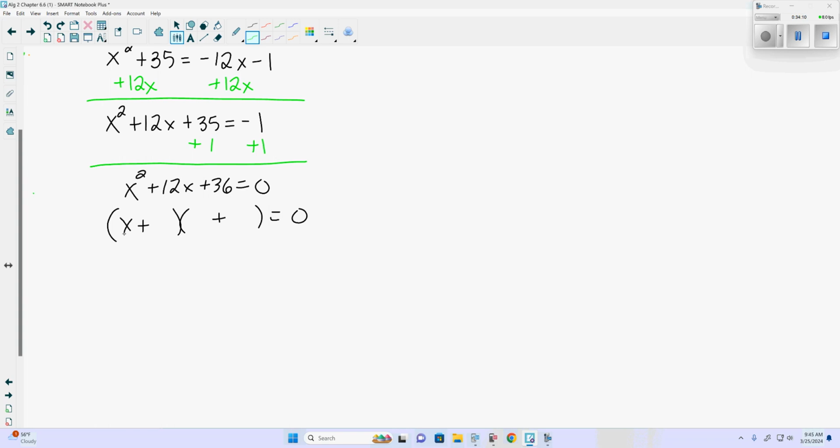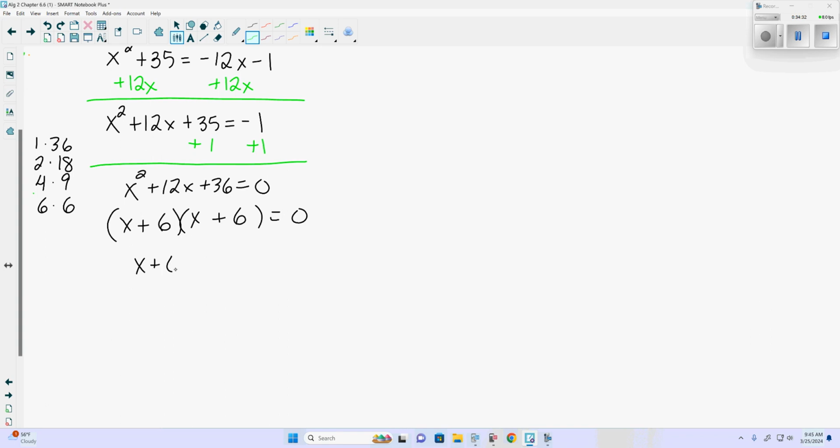Factors of x squared are x and x. And we do have 1 and 36, 2 and 18, 4 and 9, 6 and 6. So 6 and 6 is what we want, because 4 and 9 would give us 13.